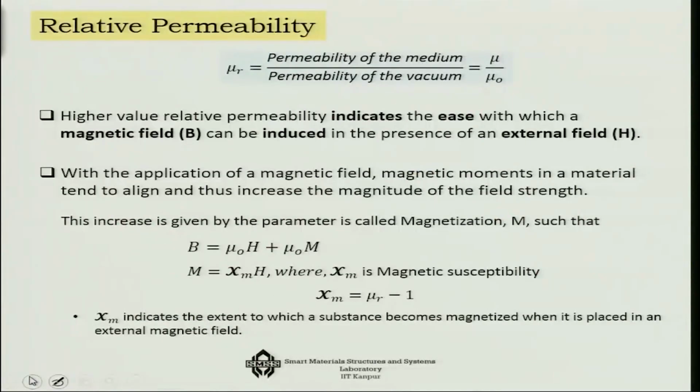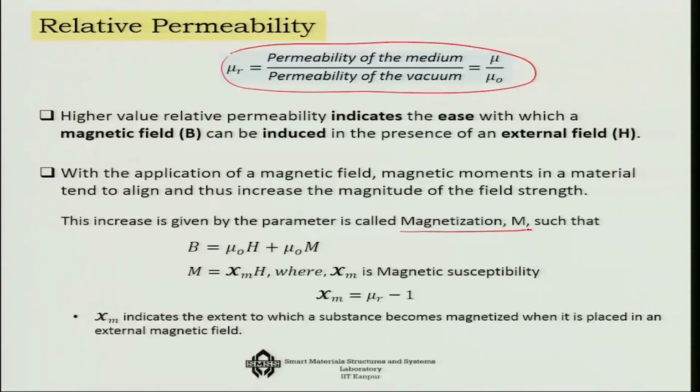The permeability is measured in terms of the relative permeability mu r, which is mu over mu 0, and the higher the permeability of the medium, the higher mu r is.